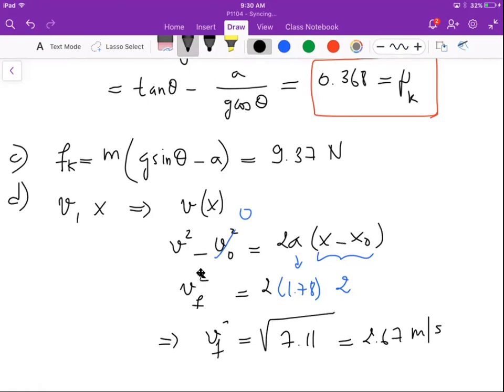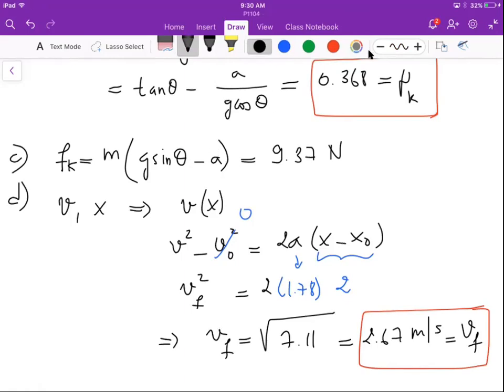So this is the value of v final. Okay, so that's it for this part, for this question, and as well for this problem.